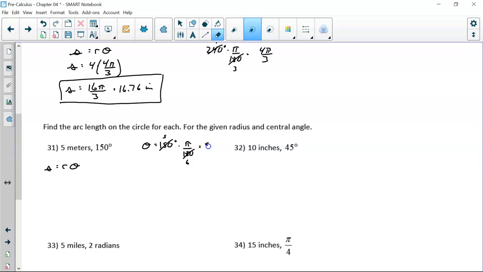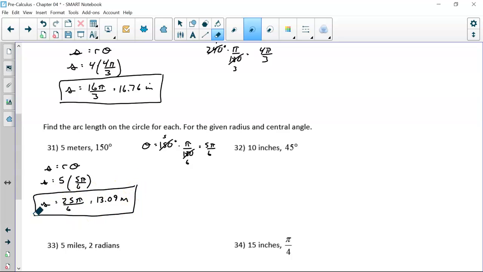So theta is actually 5 pi over 6 radians. So s equals 5 times 5 pi over 6. So the intercepted arc is 25 pi over 6, which is equal to about 13.09 meters. So there's the exact and the estimated length.